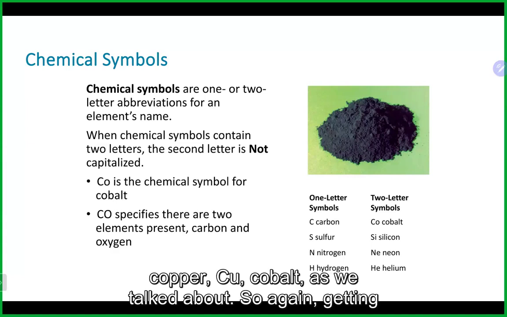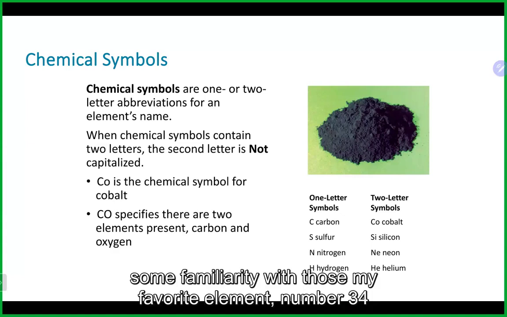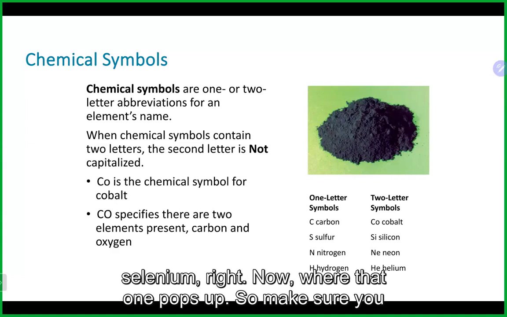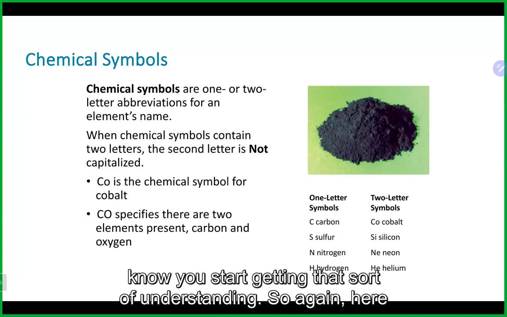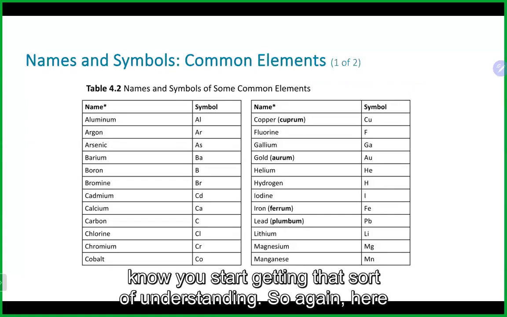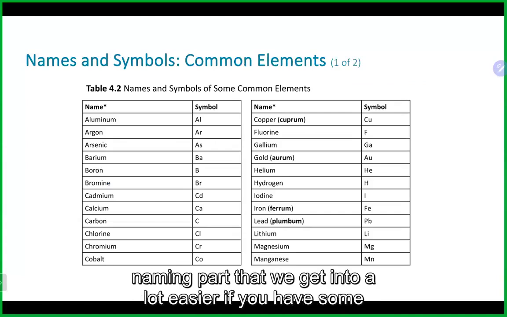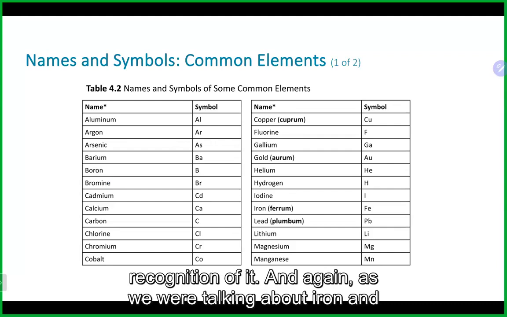So again, getting some familiarity with those. My favorite element, number 34, selenium. You never know where that one pops up. So make sure you start getting that sort of understanding. Here are some of the symbols, and it will definitely make the naming part that we get into a lot easier if you have some recognition of it.